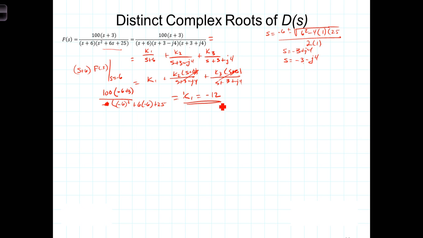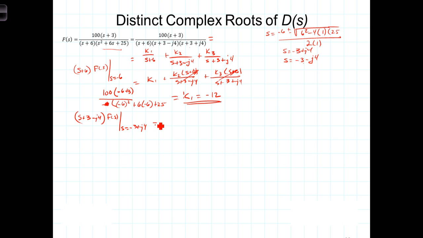Now to evaluate k2, we're going to multiply both sides of this equation by the factor s plus 3 minus j4, and then evaluate both sides at s equals minus 3 plus j4. So we have s plus 3 minus j4 times F(s) evaluated at s equals minus 3 plus j4.